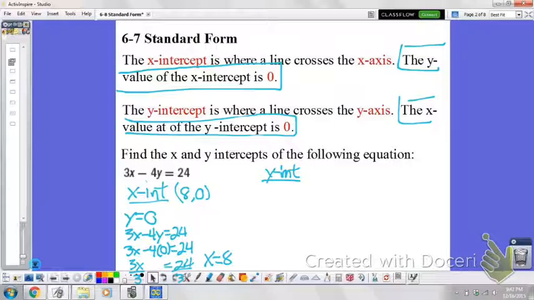So x will be equal to 0 at the y-intercept. I'll use my equation 3x minus 4y equals 24. And since I want to find the y value that goes with the x value 0, I will substitute in a 0 for x.